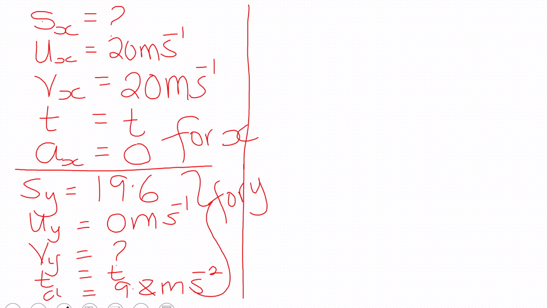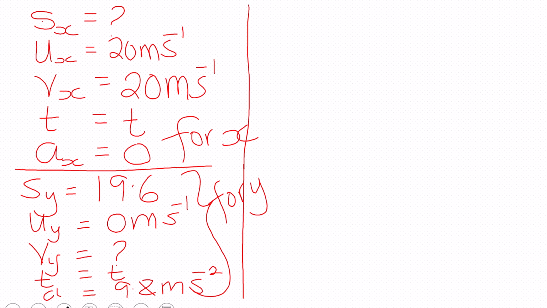In this case, for the x values, I have ux, vx, and ax. These values cannot give you time or displacement. But for y, you have displacement, uy, and acceleration. These three values substituted in the second equation of motion can give you time. And that time, when you bring it into x, you can get the displacement in the x direction, which is in the question.